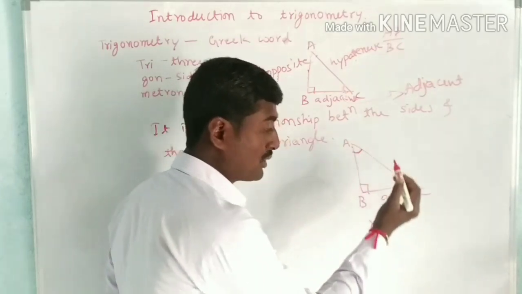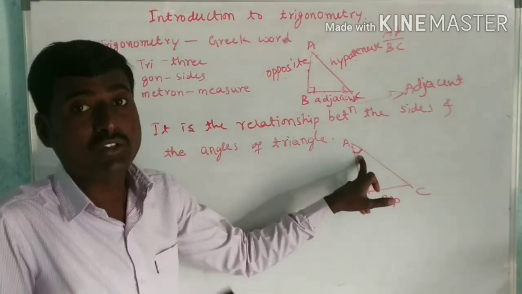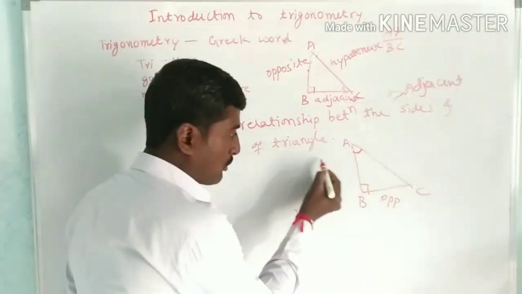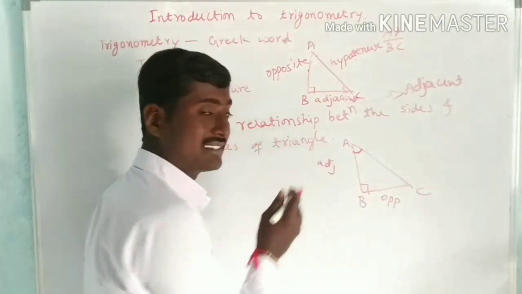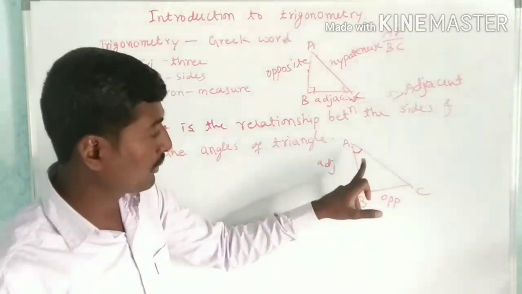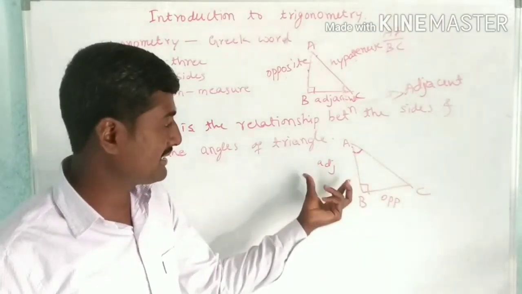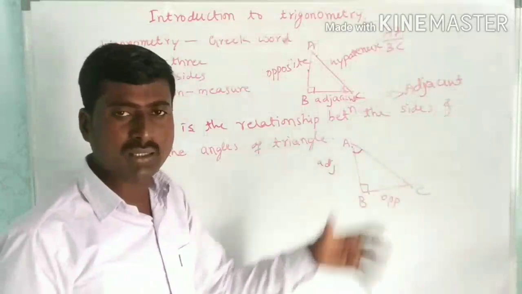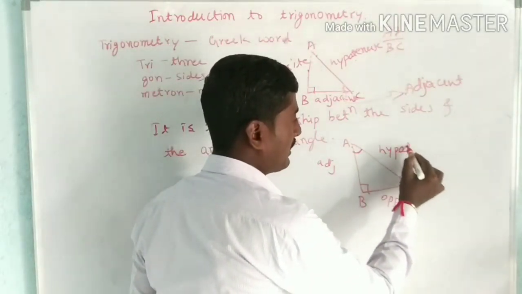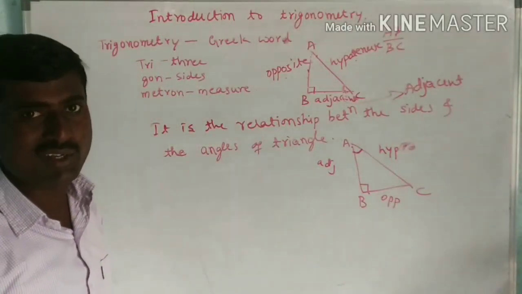This will be the opposite side, because it is the side opposite to the angle which you are going to find. Then this will be the adjacent side, the side adjacent to the angle you are going to find and the angle 90 degrees. So here automatically the longest side must be the hypotenuse. Simply I can write HYP, hypotenuse side.